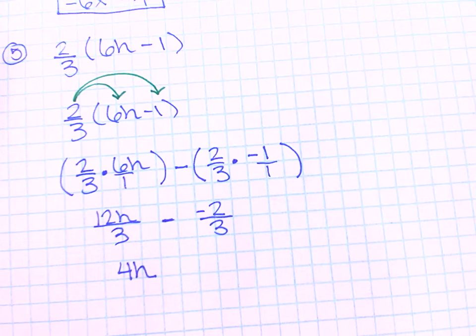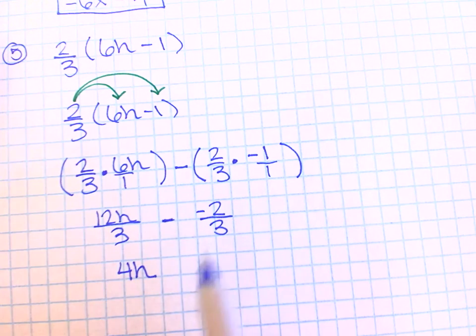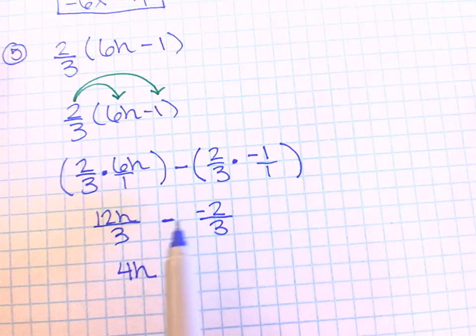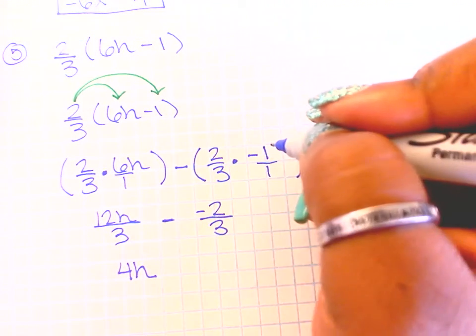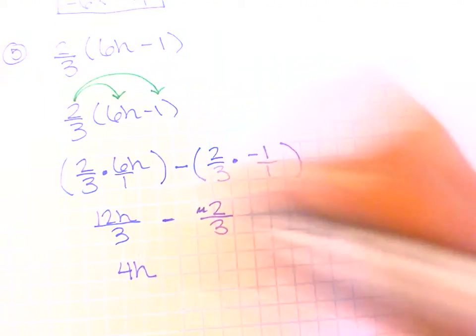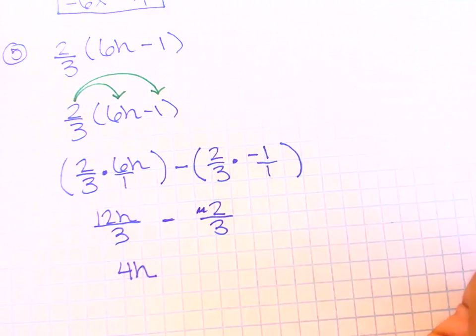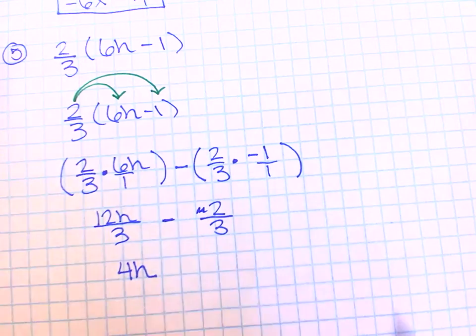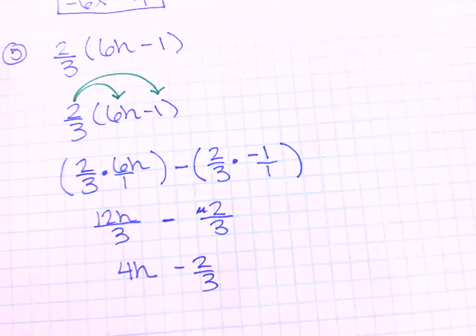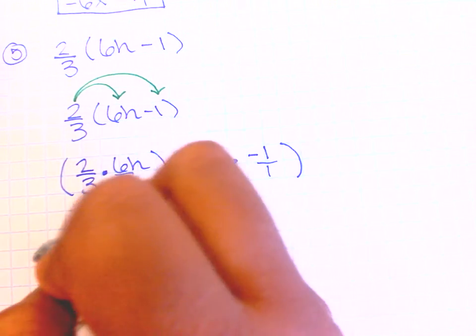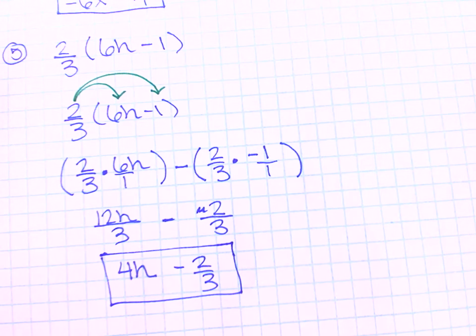Everyone's still with me. Now, what do I do here? Did I make a mistake? I did. Yes. Oops. Thank you. All right. So then that is minus 2/3. Box your answer. Thank you.